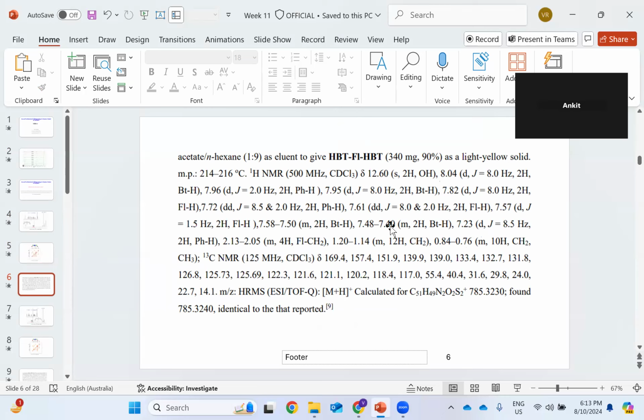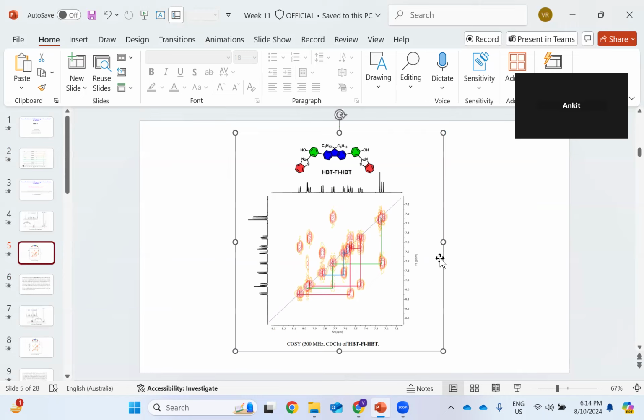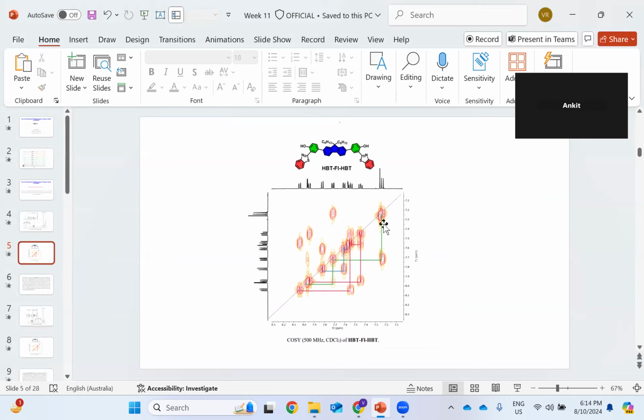This doublet at 7.3 ppm, with J of 8.5 hertz, comes from two phenyl hydrogens of this green part, which I confirmed from the 2D NMR spectra. So here is the doublet of the ortho protons of this OH.